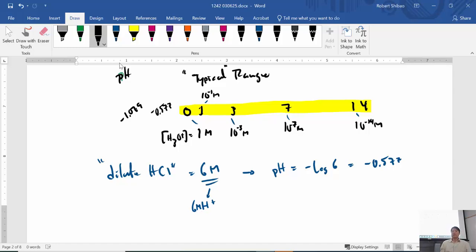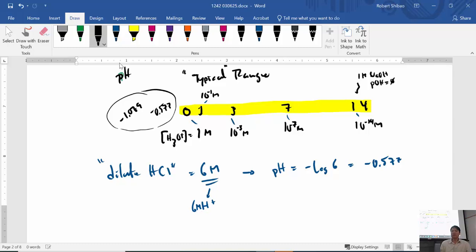One of the reasons why you don't see calculations like this often: do you often see calculations that show a negative pH like that? No. Or what do you think the highest pH is? It's the same thing here. If we go to sodium hydroxide, 1 molar sodium hydroxide has a pOH of 0.